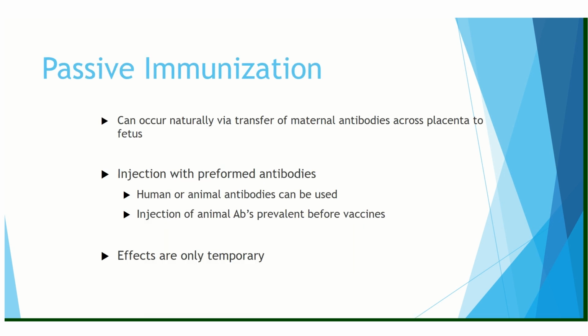Passive immunization occurs naturally by transfer of maternal antibodies through the placenta to the fetus. Also, there is injection with preformed antibodies. For example, human or animal antibodies can be used. So the effects of passive immunization are temporary.